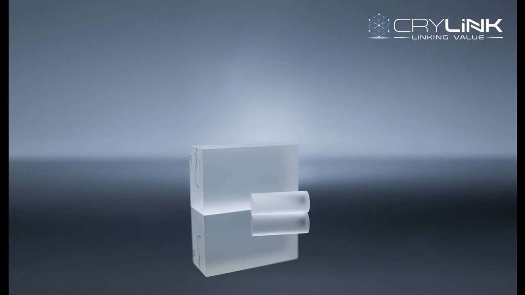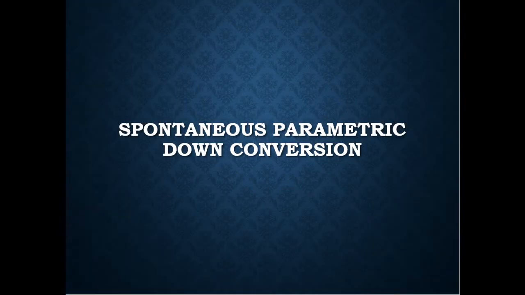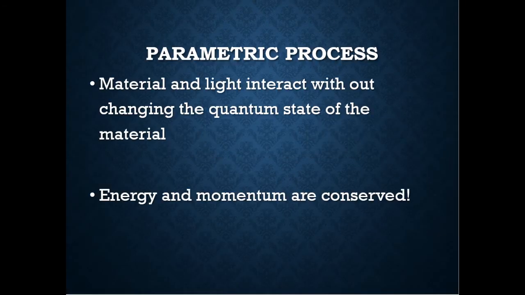In this concluding segment, let us talk about an exclusive quantum phenomenon of nonlinear materials called spontaneous parametric downconversion. Let us remind ourselves that a parametric optical process is one where light interacting with a medium leaves the medium's quantum state unchanged.